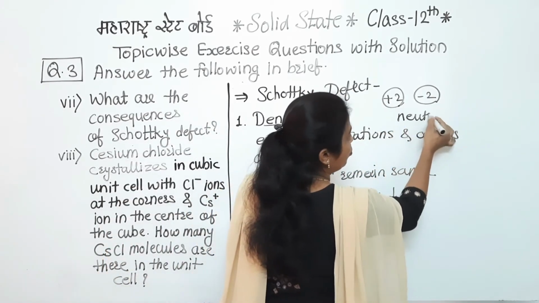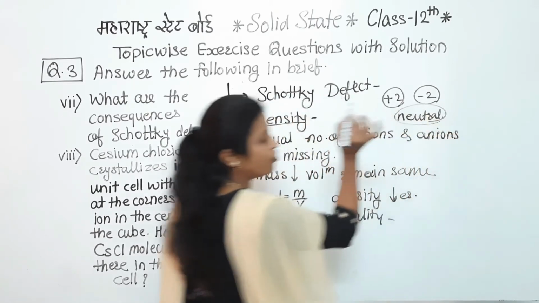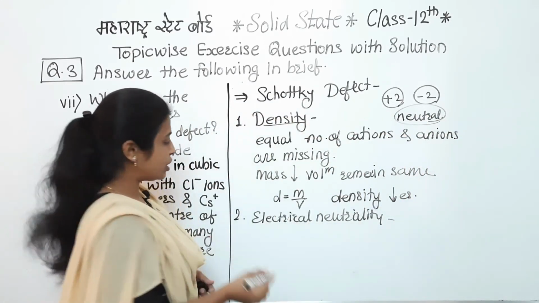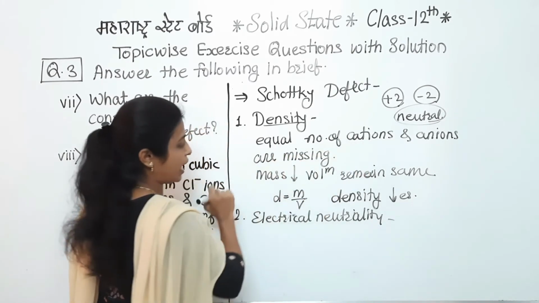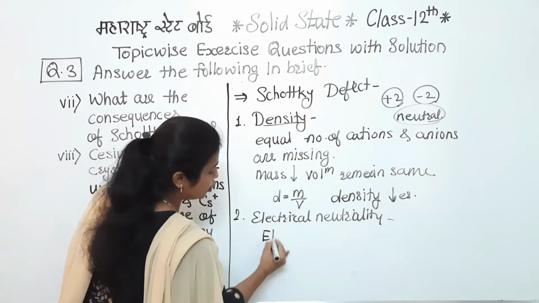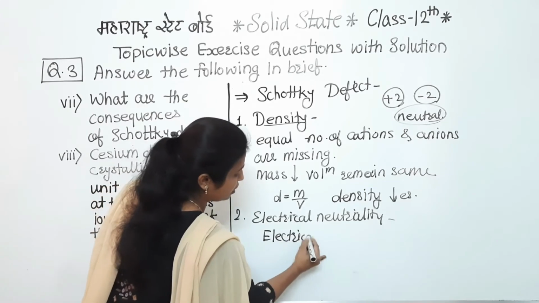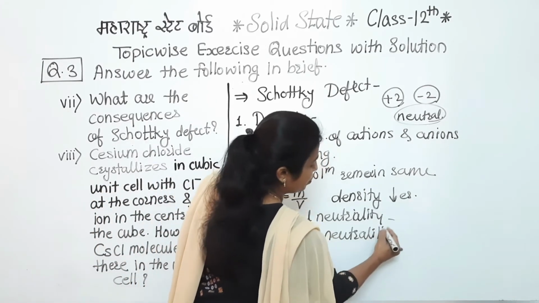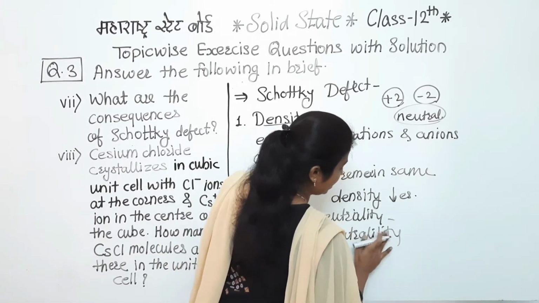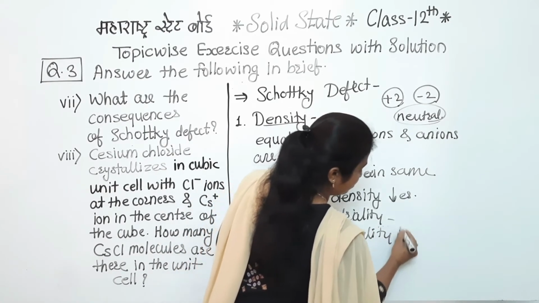So because of the missing of an equal number of cations and anions, electrical neutrality is preserved.